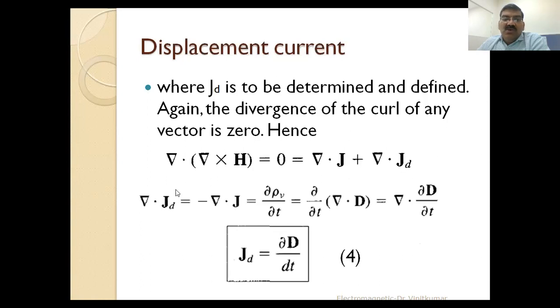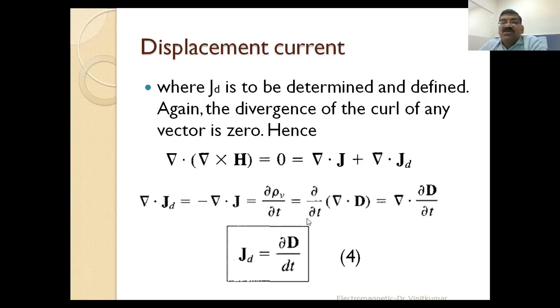My interest is to calculate JD, which equals minus del dot J. Equating with zero and taking this to the other side, that is minus del dot J. So del dot J equals minus d rho v by dt. Why is the minus sign taken for this rho v? Because electrons are negatively charged. So minus into minus becomes plus.